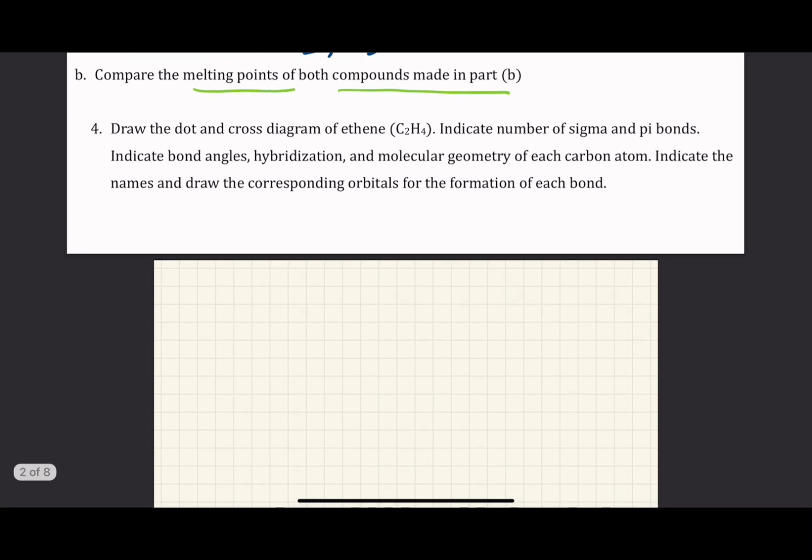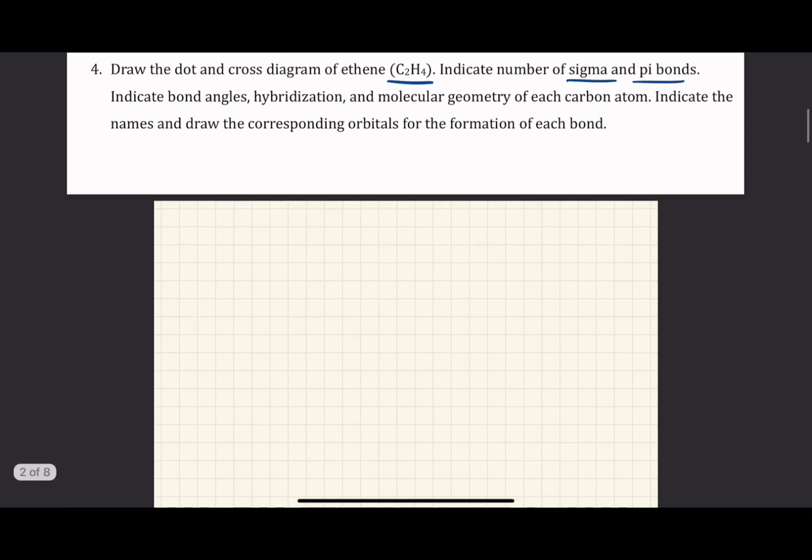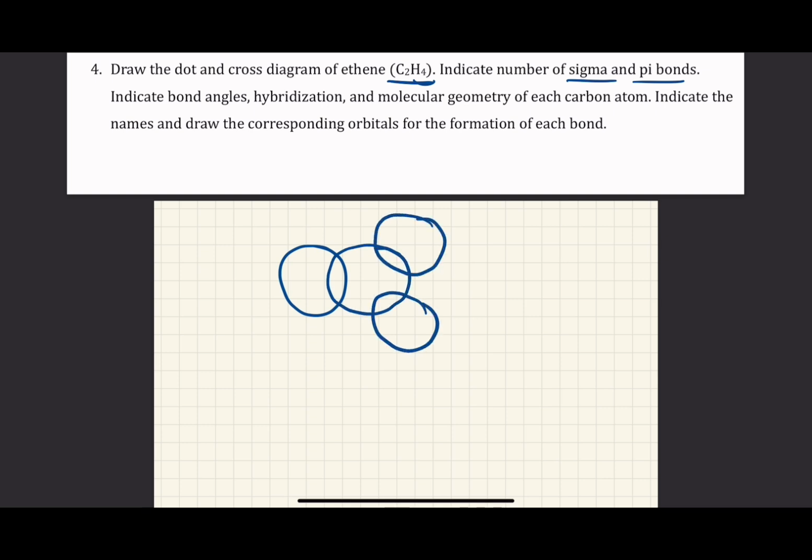So we have C2H4 in here. It says indicate the number of sigma and pi bonds. Now if you remember from the dot cross diagram, we always put the hydrogens at the ends and the carbons go to the center. So we're going to go with carbon, and then carbon, and they are both non-metals, so we have C2 and H4.